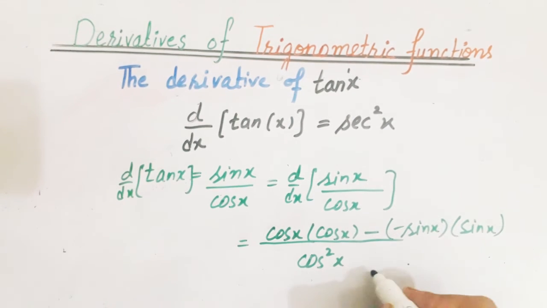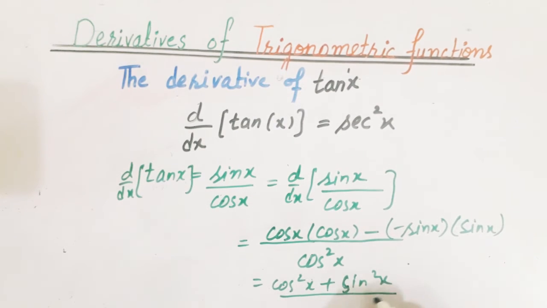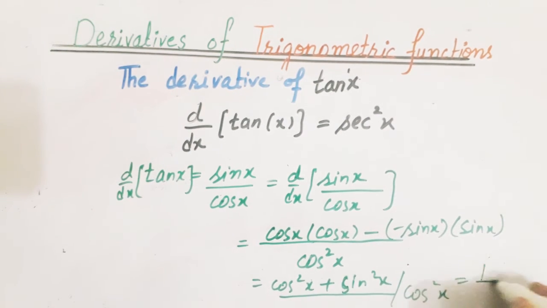So you get cos square x, and minus minus will become plus, plus sin square x, divided by cos square x. So sin square x plus cos square x equals 1. This is the first identity. So you get 1 over cos square x. We have studied that 1 over cos square x is the reciprocal, secant square x. That's why we get the derivative of tan equals secant square x.